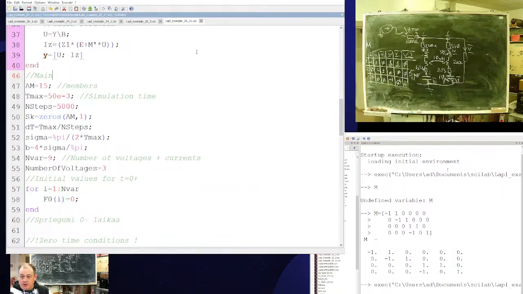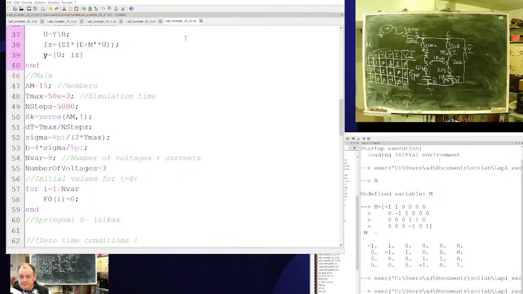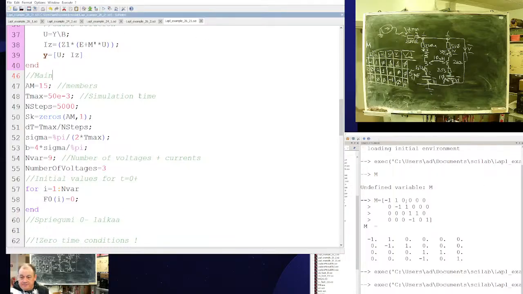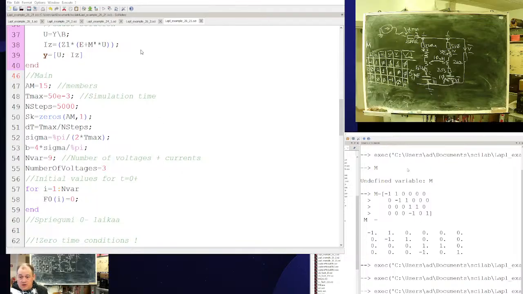Oh, my branch currents, and what about my voltages? Oh, here are my voltages. My currents and my voltages.